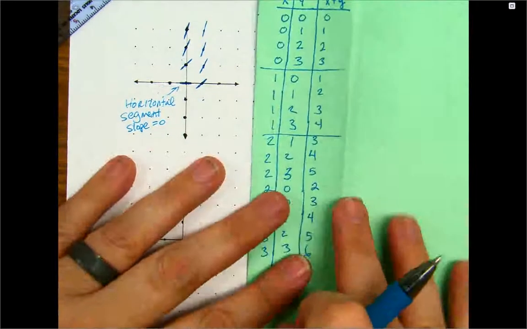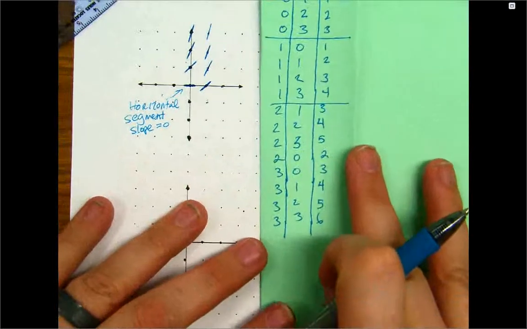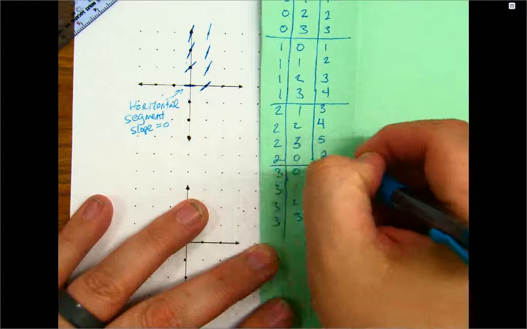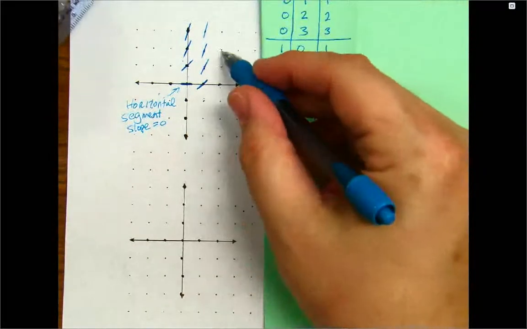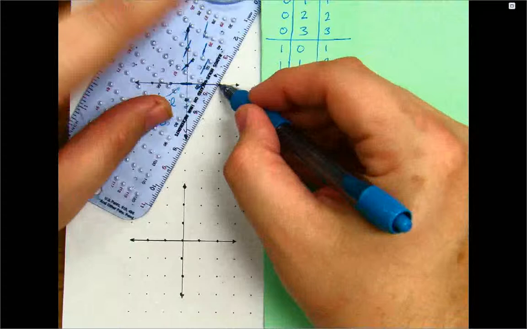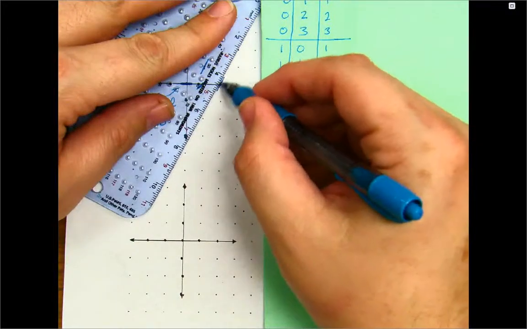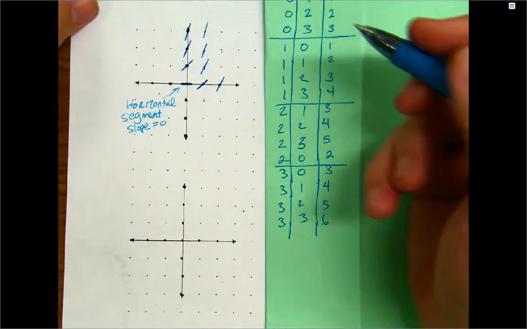So I took care of my 1s. Now I'm going to take care of my 2s. At 0, I have a slope of 2, which would be up 2, right 1, which would get me to that point. And 2, 1 is at 3, so I'm going to have to go down 3, and left.